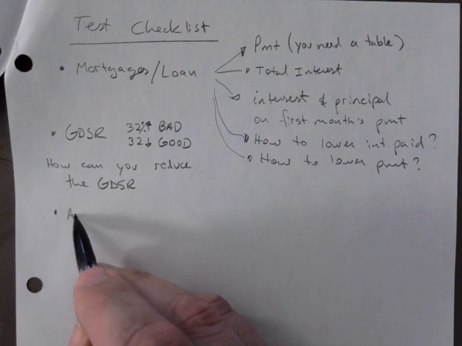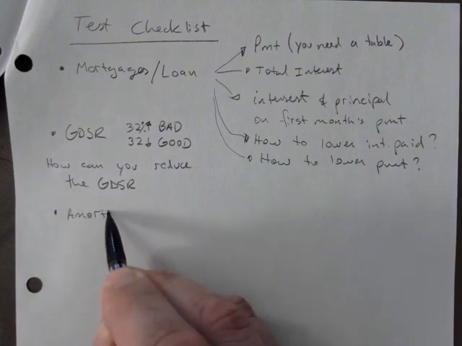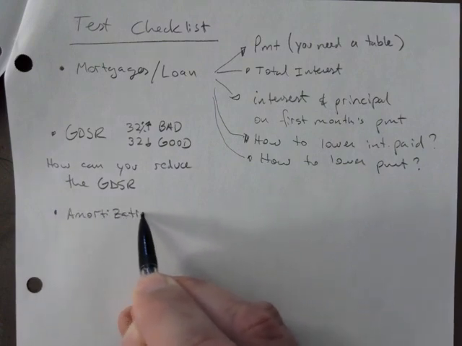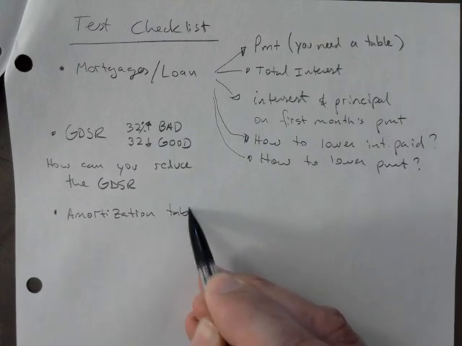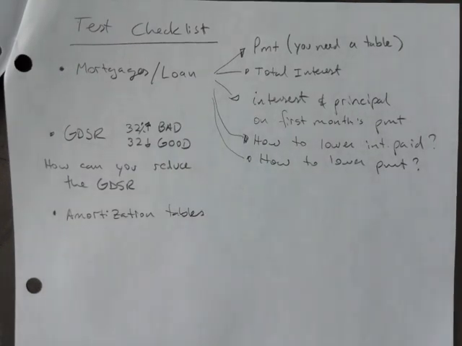I would say amortization tables. I'm going to tell you right up front that you're not going to have a full-blown 3 rows amortization table. 1 or 2 rows, that's about it. So if you know how to do the first row, you just continue that. You should be good to go.